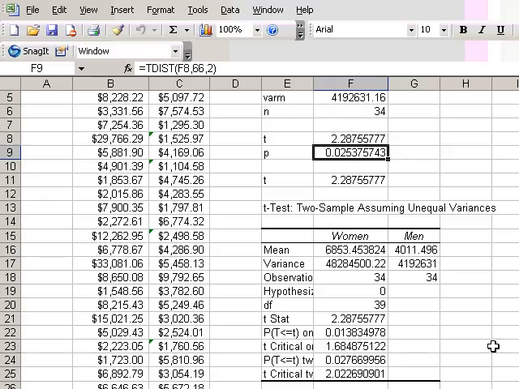But when you have equal-sized groups, you will almost never make a different decision using the two-sample assuming unequal variances versus the two-sample assuming equal variances. I won't demonstrate this in this video, but if you have unequal sample sizes and the F-test indicates unequal variances, you must always use the two-sample assuming unequal variances t-test.